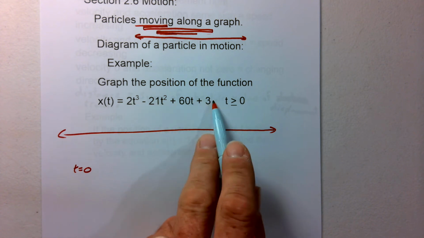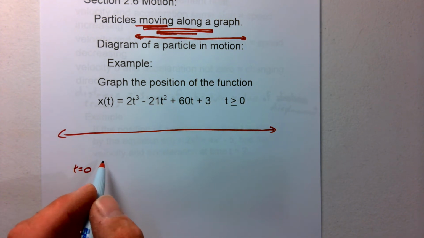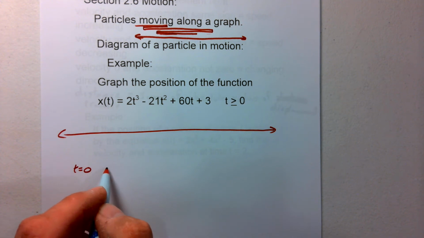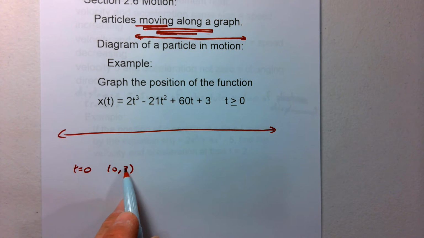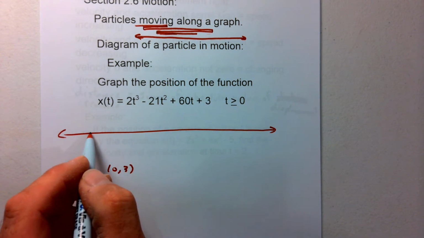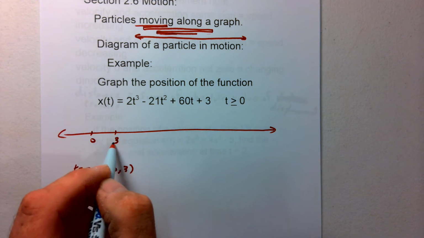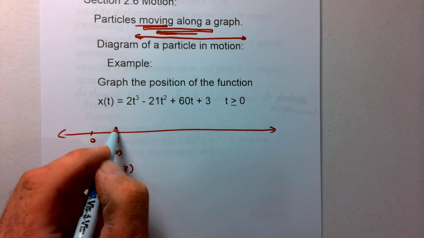If I plug 0 in to these values, I'm going to end up with the value of 3. So I get the point (0, 3). So at time 0, I'm at the point 3. So on my number line, say we start here at 0, and then we have 3. So at time 0, we start here.